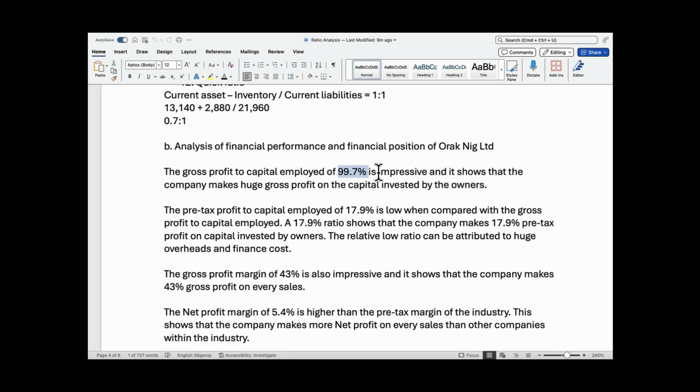We said it is impressive, and that it shows that the company makes huge gross profit on the capital invested by the owners. That was our analysis. With this, we showed the examiner that we have good understanding of this ratio, and we told the examiner what this ratio means, because it means the amount of gross profit made on capital invested.